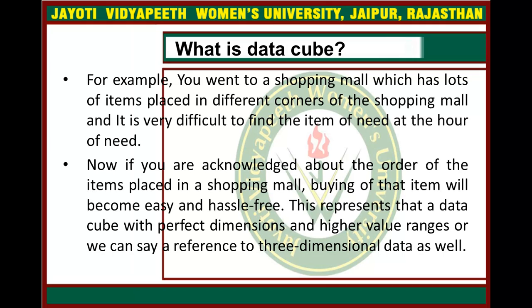For example, when you go to a shopping mall, there are lots of items placed in different corners of the shopping mall, and it is very difficult to find the item you need in your hour of need. When you want to buy, suppose, shoes or a purse, you get confused about what you should buy.